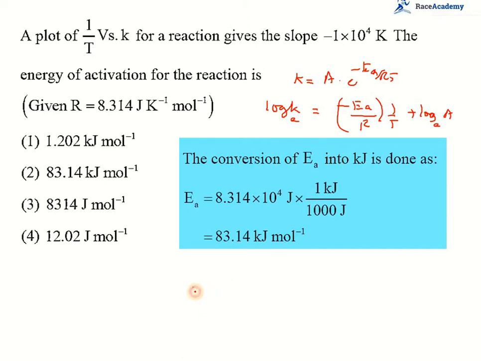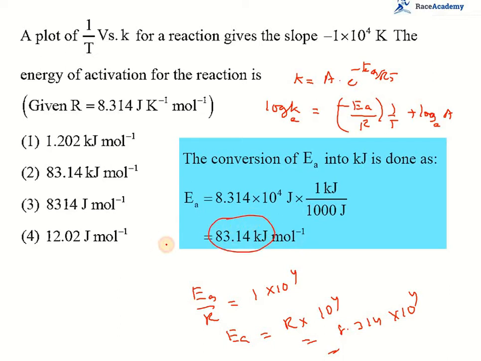That negative slope is Ea by R, which is given as 1 into 10 to the power of 4. After that, this Ea is equated to R value into 10 to the power of 4, R value given as 8.314 into 10 to the power of 4. After converting that into kilojoules, we got 83.14. 83.14 means the second option is the right option for this question.